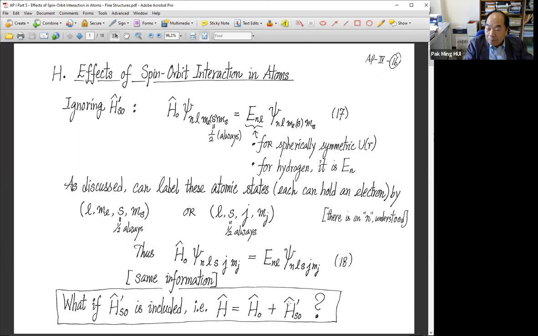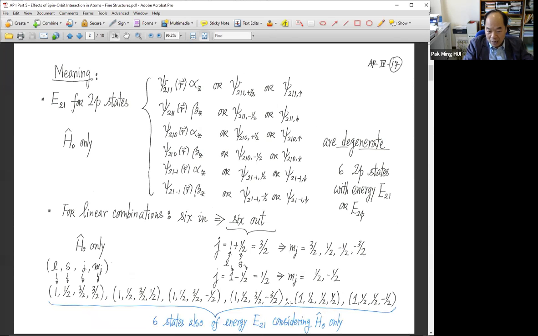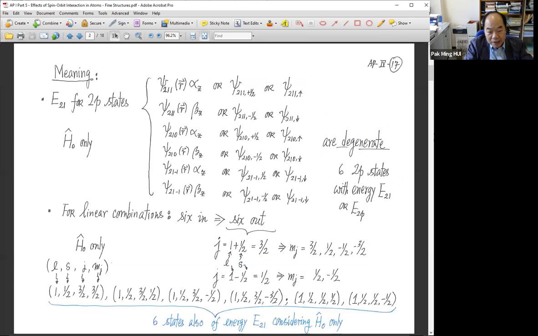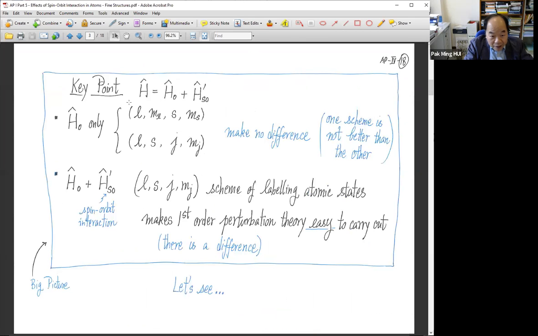The big picture is we have S dot L. Now, we know two different labeling schemes. We can label the states by the old way, or by j and m_j. Now we have a choice.